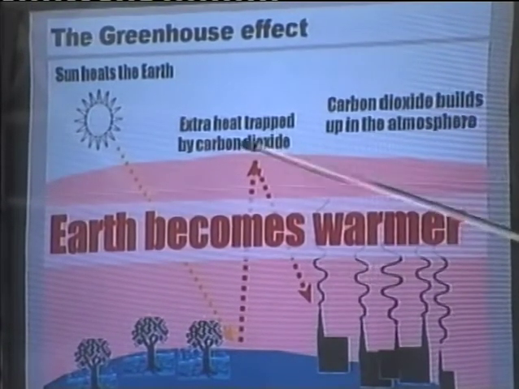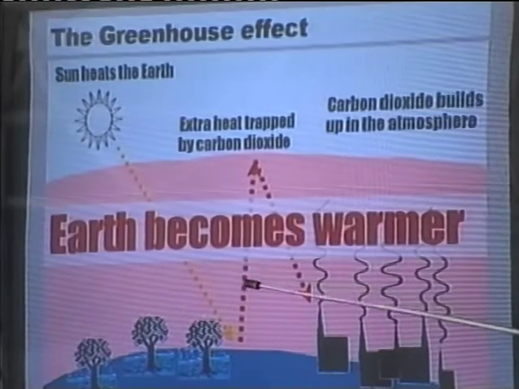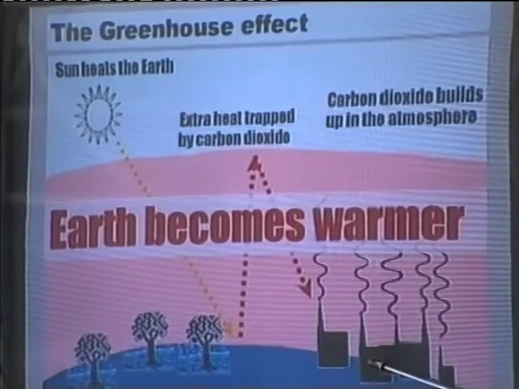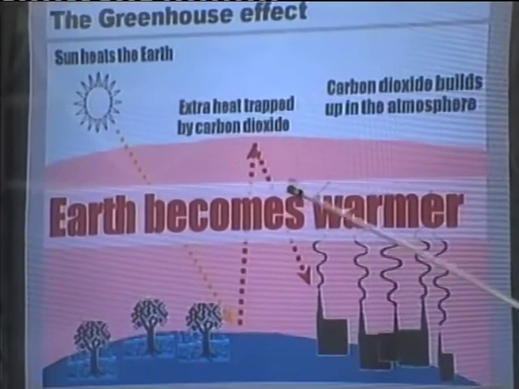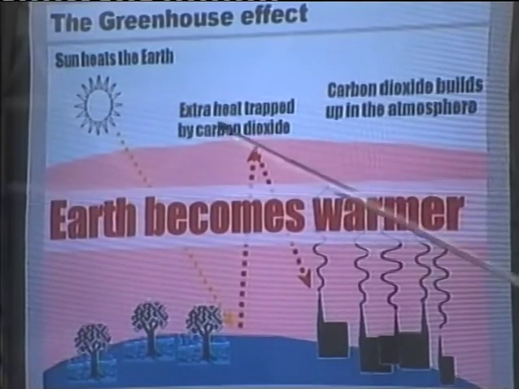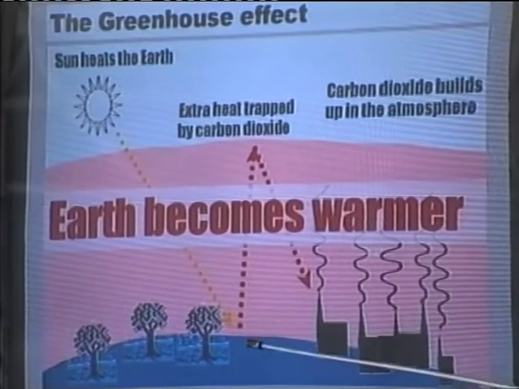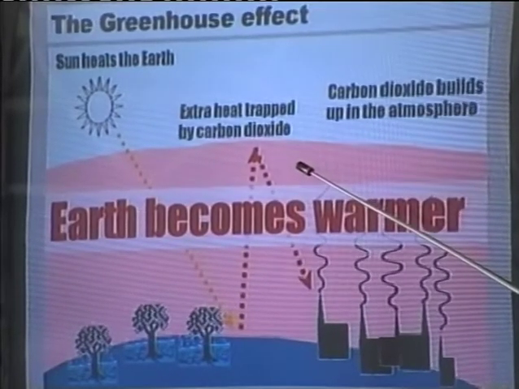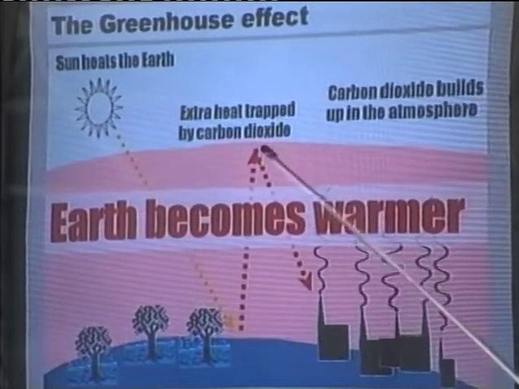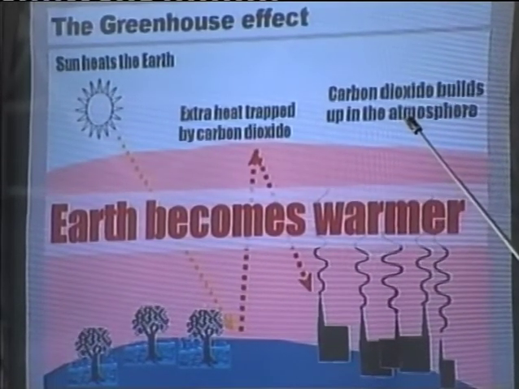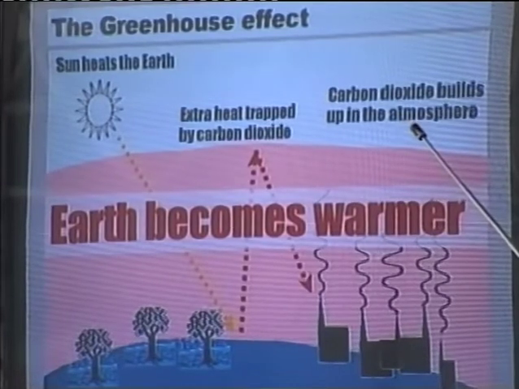Whatever comes through will penetrate definitely, but for it to be released, once it has been used up here, the amount that is going back is in long wave radiation form, and it will not be as strong as what is actually coming through. So once it is going back, it might not be allowed to escape because of the high levels of carbon dioxide, which then prevents the escaping of that heat back.